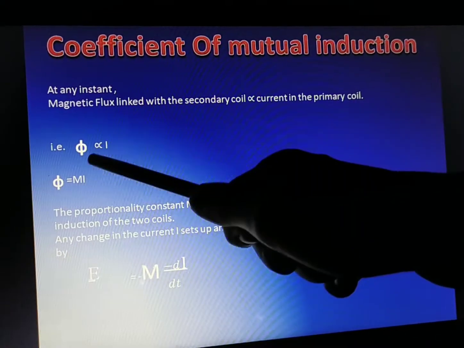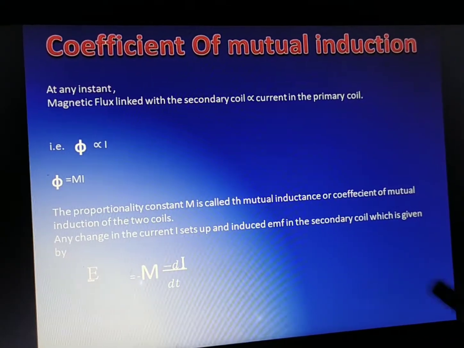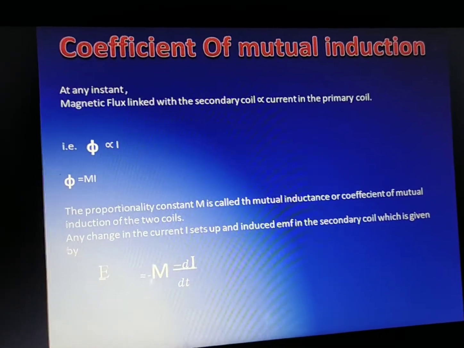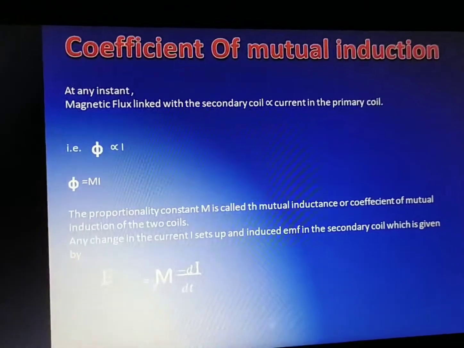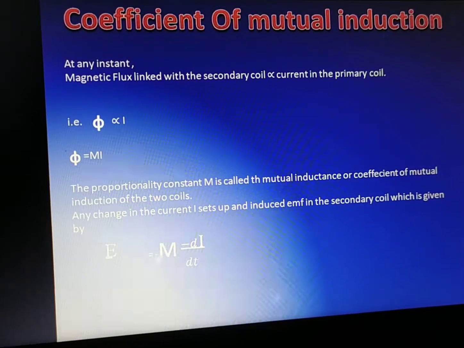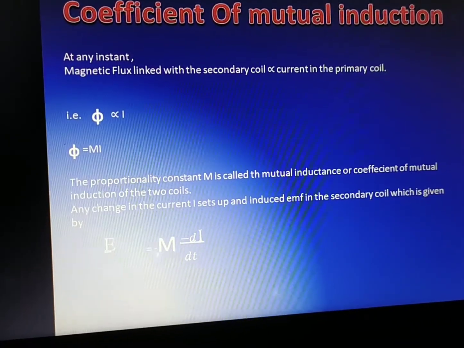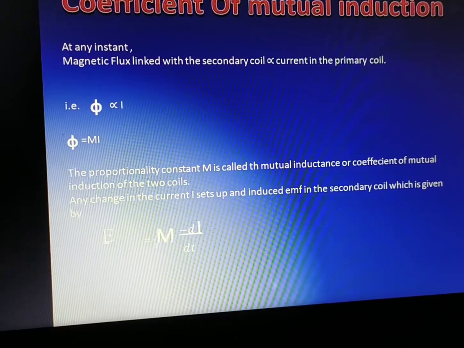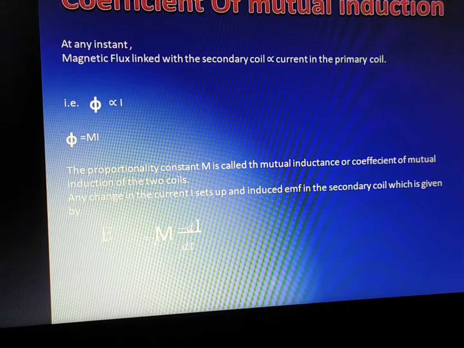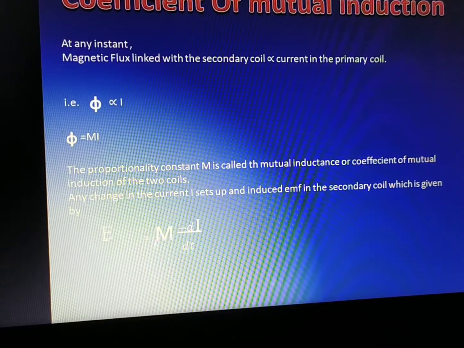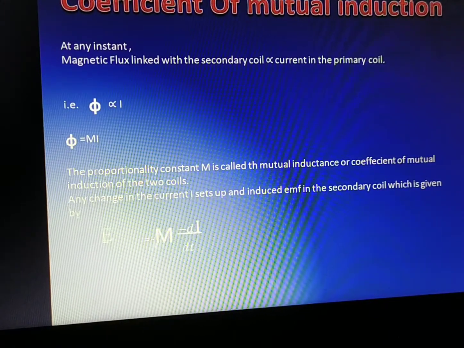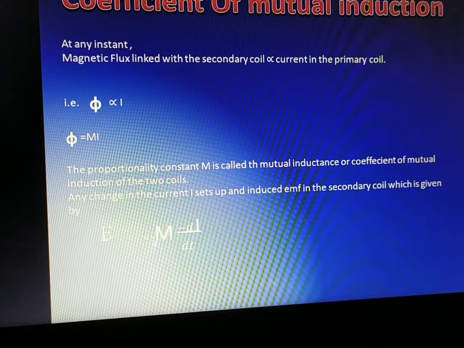So we can write phi is directly proportional to I, and if we remove the proportionality sign, we put a constant here, which we have assumed to be M. So now we can write the equation as phi is equal to M into I. This proportionality constant M is called the mutual inductance or the coefficient of mutual inductance. You already know why we call it mutual inductance, because the induction is linked with the two coils, as we have discussed.